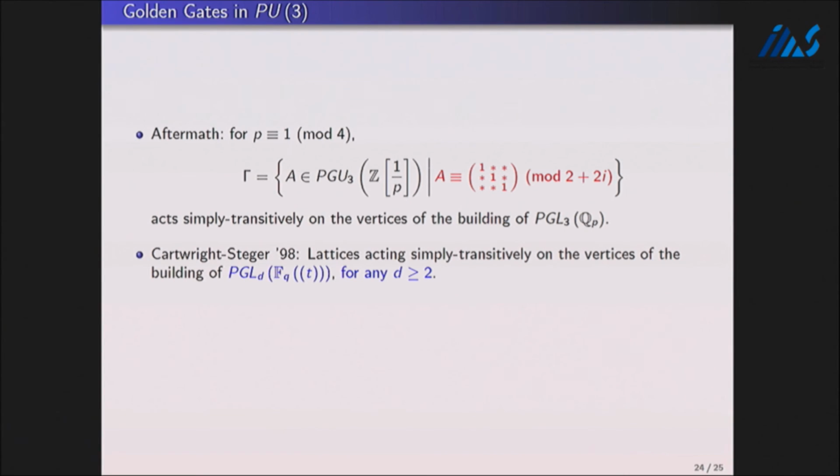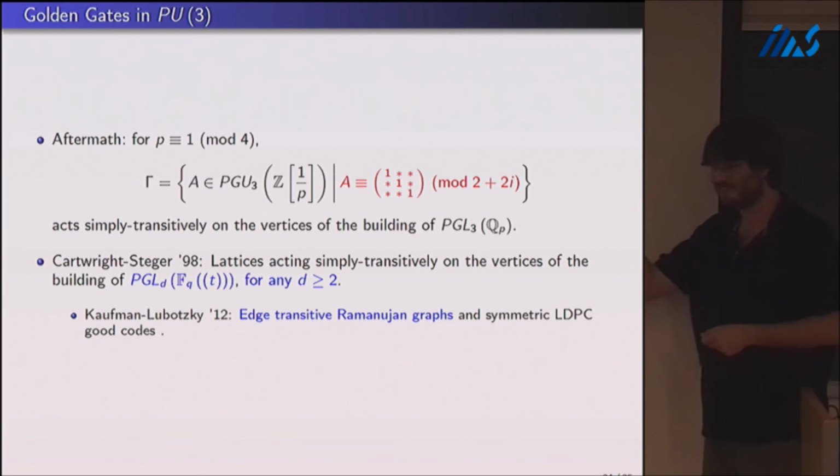And as with any remarkable mathematical discovery, Alex Lubotsky managed to bootstrap this into solving an open problem in coding theory. This is a paper of Kaufman and Lubotsky, which uses these lattices to show that you have edge-transitive Ramanujan graphs, which give you symmetric low density parity check good codes. You don't need to know that, but I think it shows you something about Alex. If there's something interesting, he can do something with it.